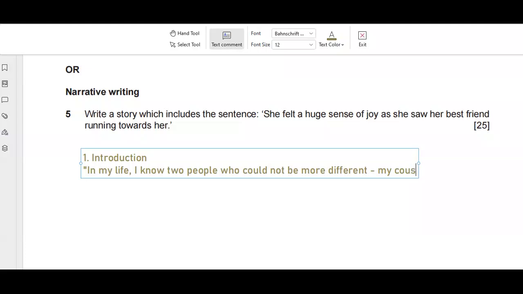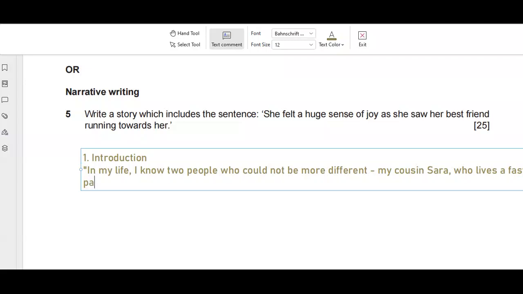My cousin Sarah, who lives a fast-paced city life, and my cousin Ahmed, who enjoys the calm rhythm of the countryside.